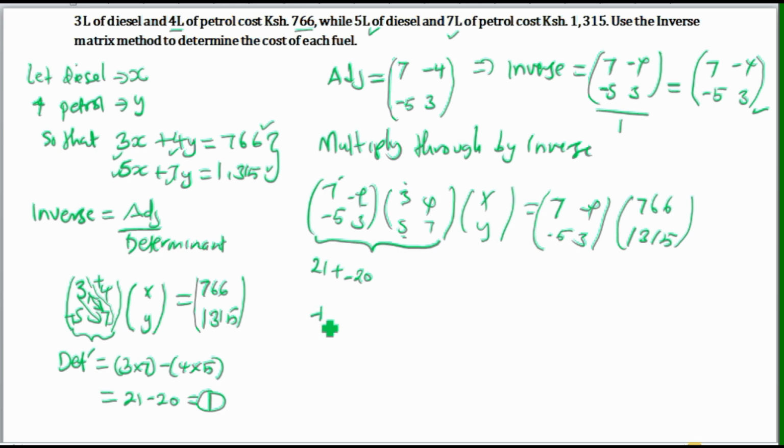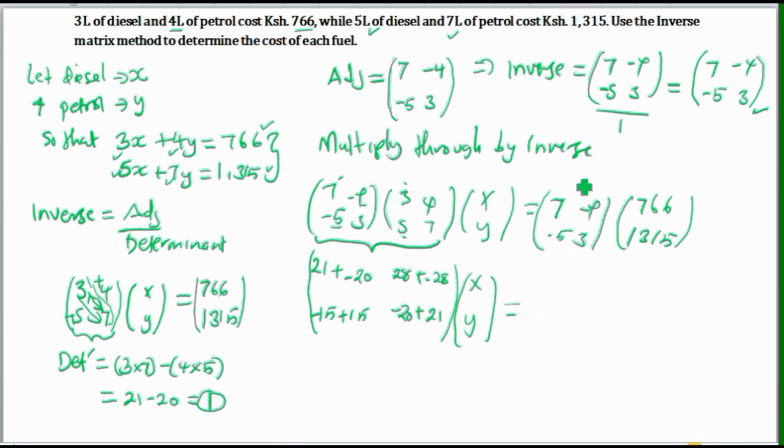And then minus 5 times 3, that is minus 15, plus 3 times 5, which is 15. Again, 7 times 4 is 28, plus minus 4 times 7 is minus 28. And then finally, negative 5 times 4 is negative 20, plus 3 times 7, which is 21, multiplied by x, y.